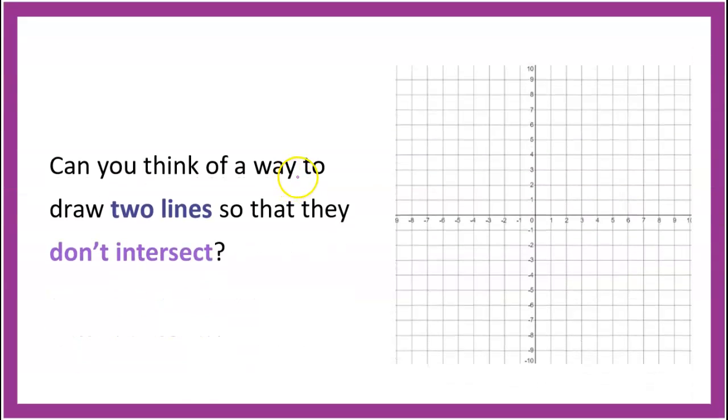But can you think of a way to draw two lines so that they don't intersect at all? What do you think? Is there a way to do that? Let's see, if I were to just draw a line like this. Oh, not that line. But what if I were to draw another line that went up at the same steepness?